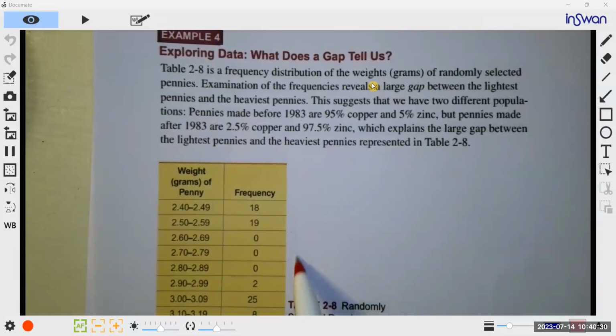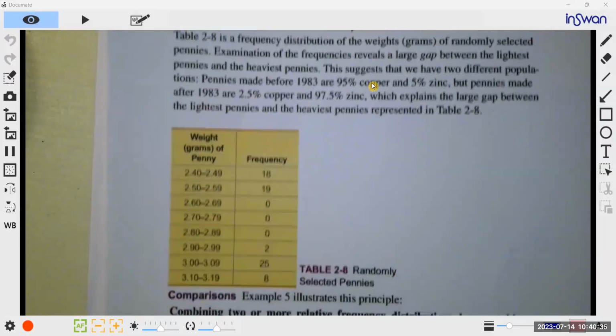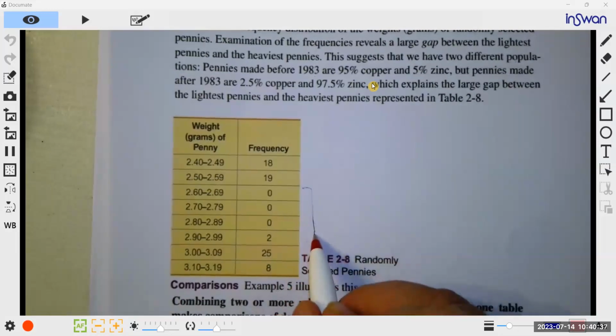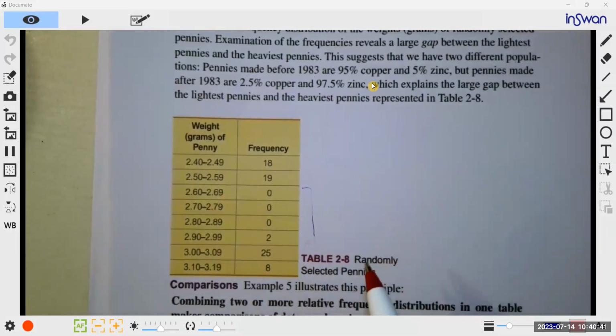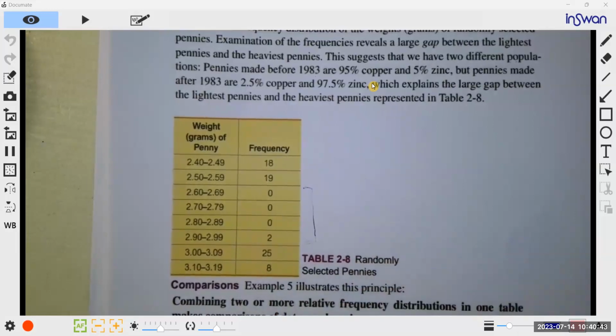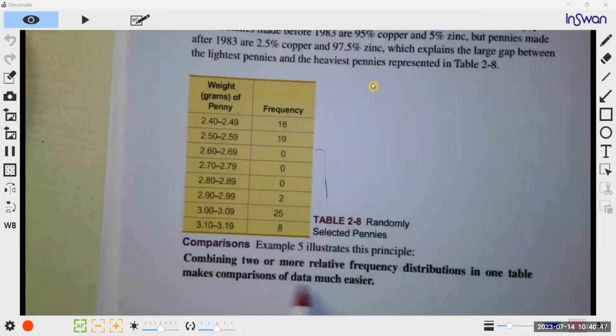So, what happened here? In the middle, because of the composition of the pennies, that is a logical explanation. What we're doing here is combining 2 or more relative frequencies.